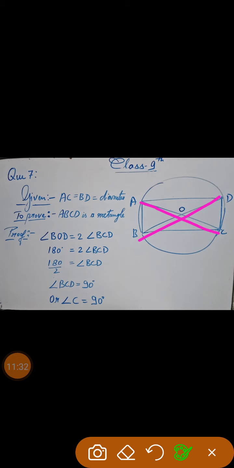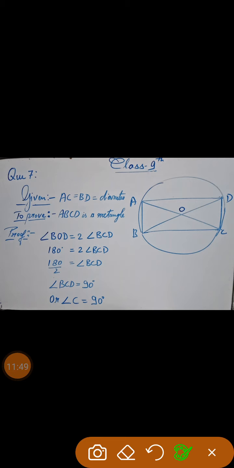Now we need to prove that ABCD is a rectangle, not cyclic. It is given that it is a cyclic quadrilateral, we need to prove that ABCD is a rectangle.